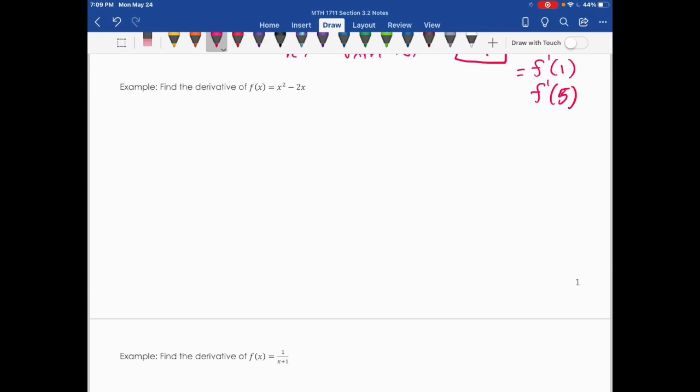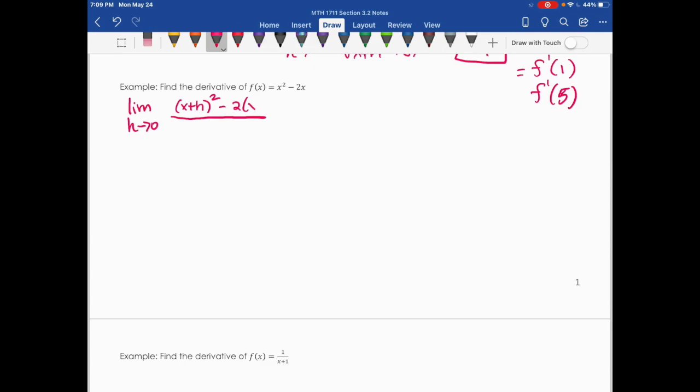Okay, let's go to the next example. We're going to find the derivative as a function of x squared minus 2x. So we're going to find the limit as h goes to 0 of f of x plus h, which means everywhere that I see x in my function, I have to plug in x plus h.